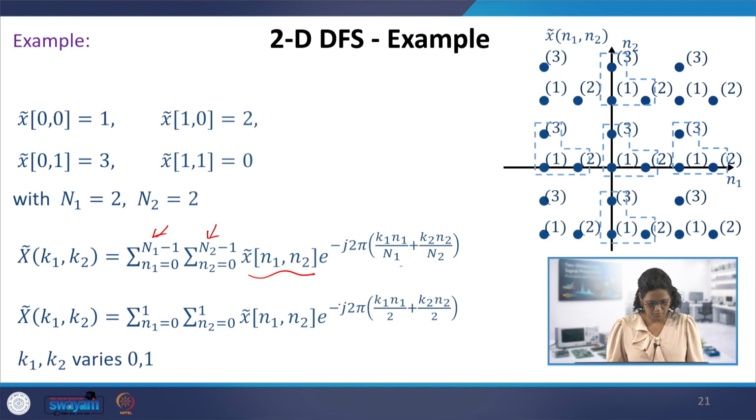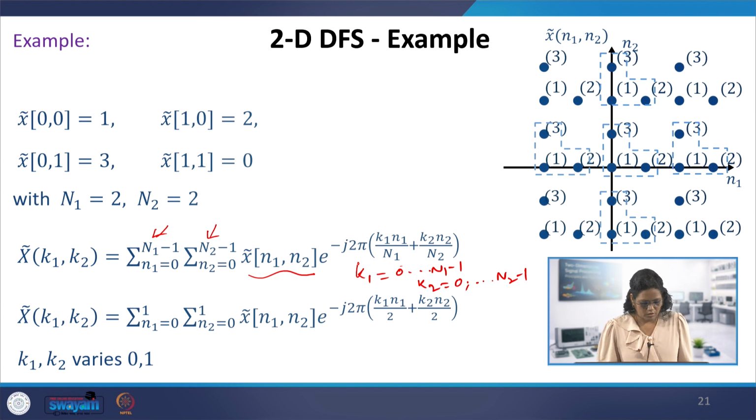We substitute them, k1 equal to 0 and 1, and similarly for k2. This equation is valid with the definition of k1 and k2 varying from 0 to N1 minus 1, and k2 similarly from 0 to N2 minus 1. So this is for one period, and we have taken it for one period.